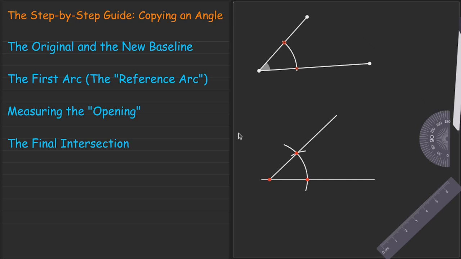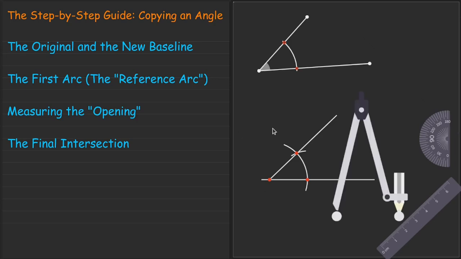Now, there are some tips you need to know, especially when using your compass. With my compass you see over here, this is actually electronic, so I wouldn't have the problem I'm coming to explain to you. But this is where we have our screw. Most times, when it loosens, it affects how rigid the radius of your compass is. So it is always advisable you tighten the screw. Anytime you want to use it, make sure it is tight enough so that it doesn't affect your radius.